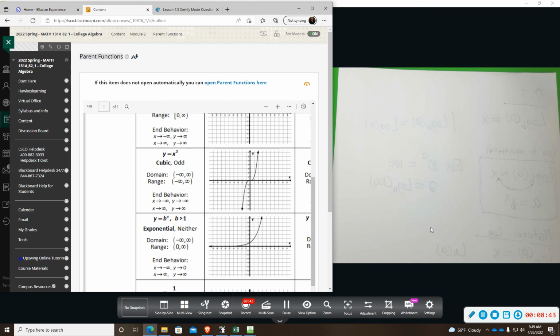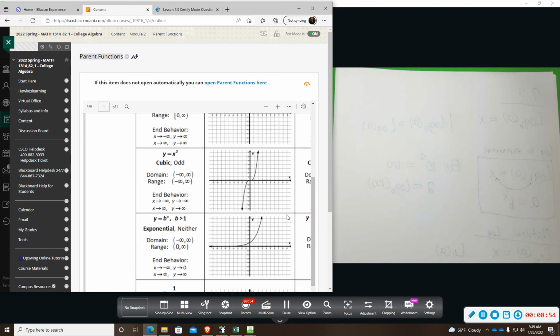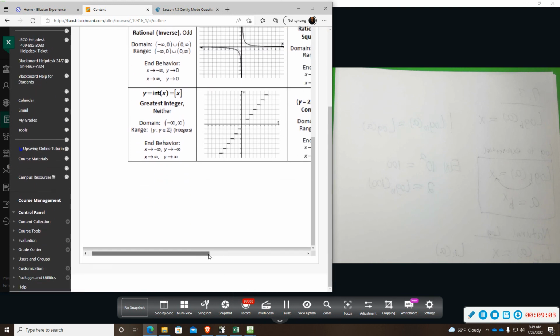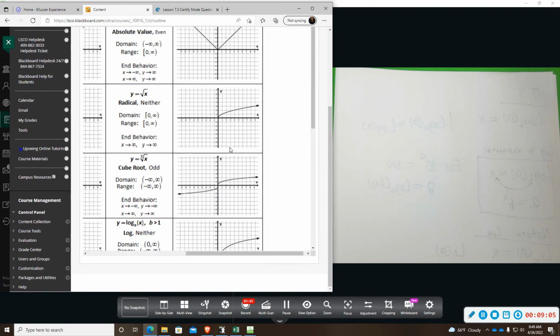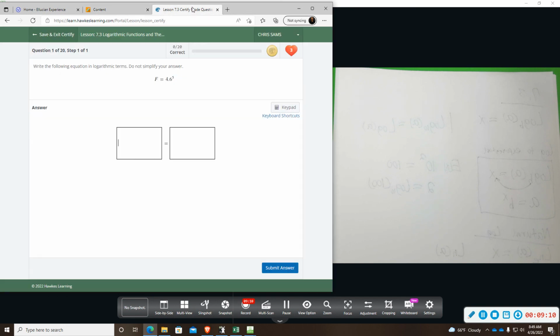I'll try to show you both those methods, but for the most part, if you're familiar with the general shape of the log graph, that's going to help you out. So we will do some graphing, and then we will also do some solving.